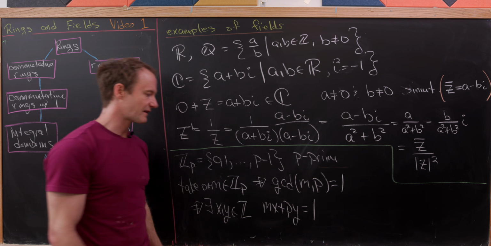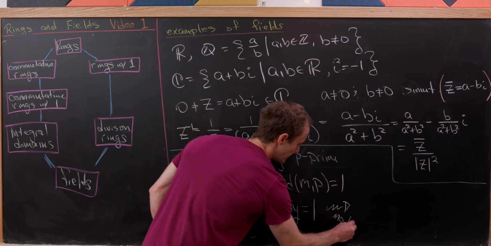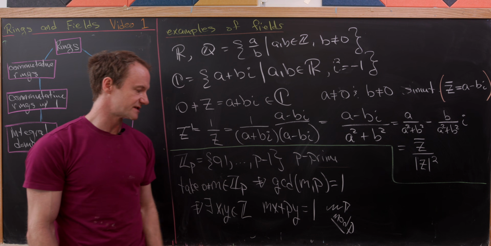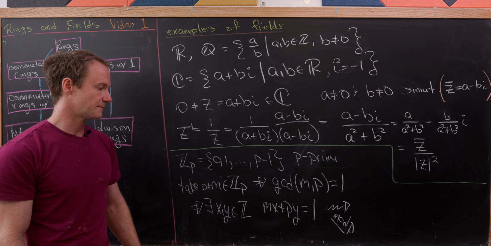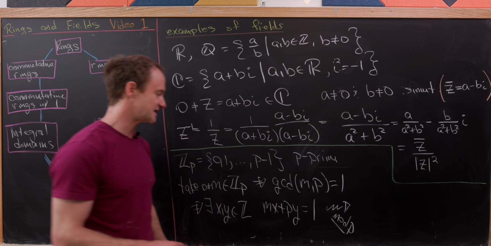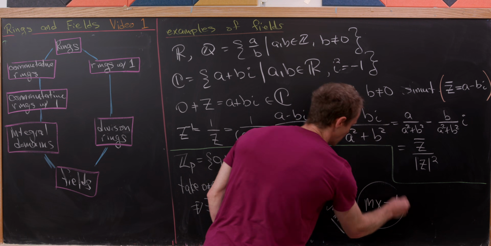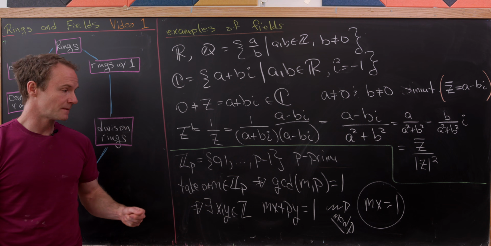So next up, what I'd like to do is reduce this thing modulo p. If we reduce it modulo p, let's notice that p times y is congruent to 0 mod p. So reducing mod p is the same thing as putting this inside of Z_p, and we'll see that m times x is equal to 1. And that's our equation inside of Z_p.